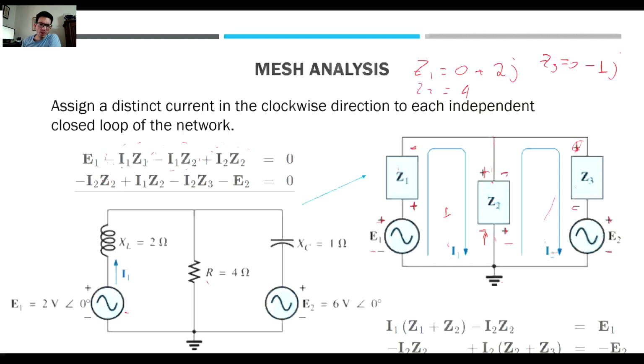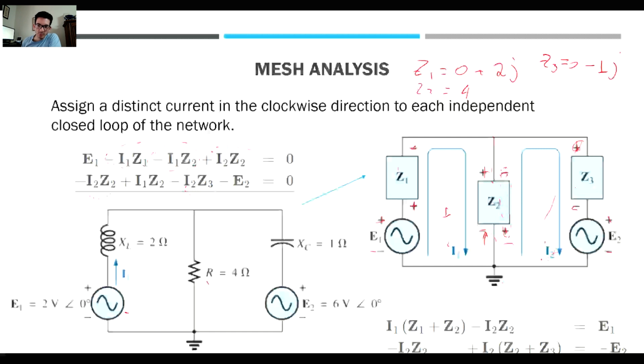For equation 2, we have a similar situation where if we start from Z2, we see, okay, but now we're going with this convention where I2 is going positive, negative, therefore it's negative I2 Z2, which is pretty much what we have too. And then we have positive, negative, so it's negative I2 Z3.